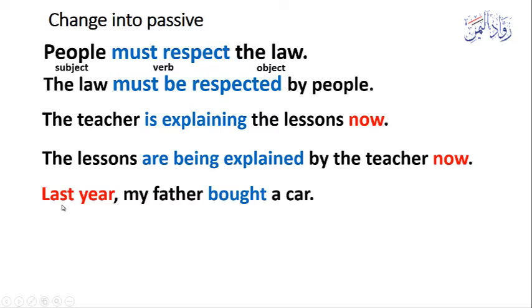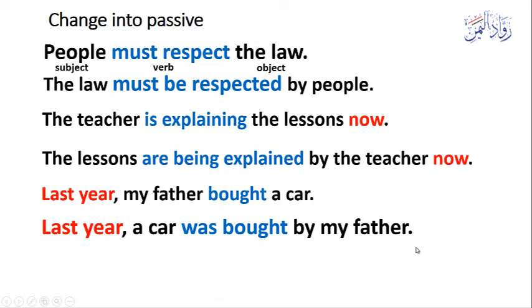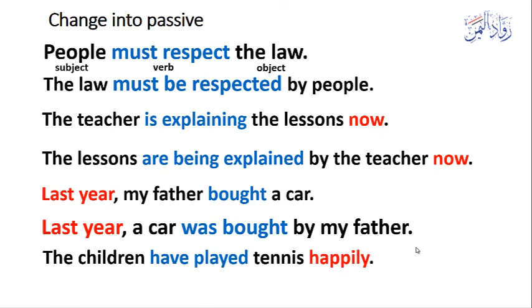At the beginning of the sentence, it should be at the beginning of the sentence in the passive form. Don't change the place. Another example. I'm sorry, this is the passive form for: Last year, my father bought a car. Last year, a car was bought by my father.